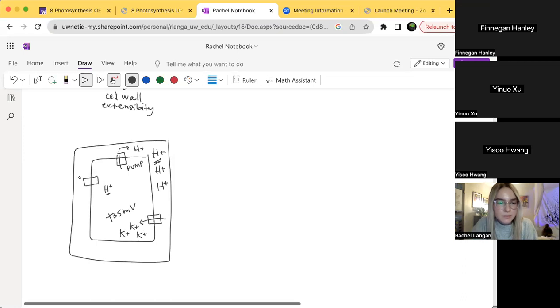So we have a symporter here that is moving hydrogen down its concentration gradient from high to low. And it's a symporter that's also transporting chloride into the cell. And so this chloride and this potassium increase solute concentration, decreasing solute potential.